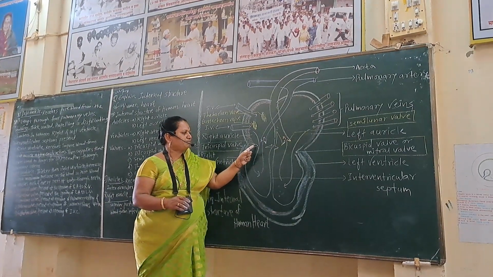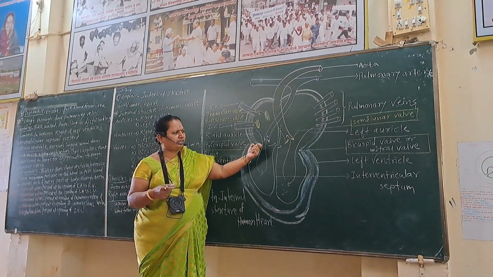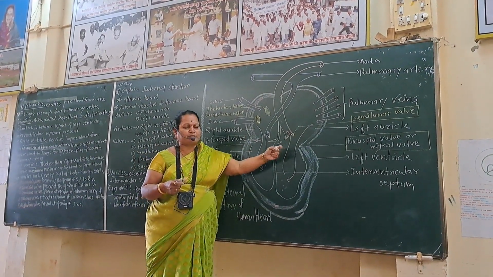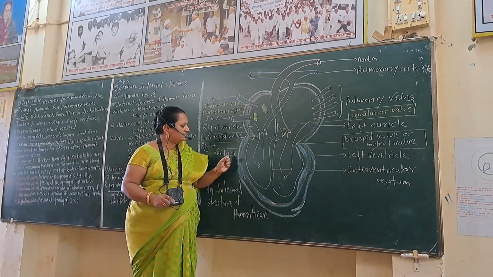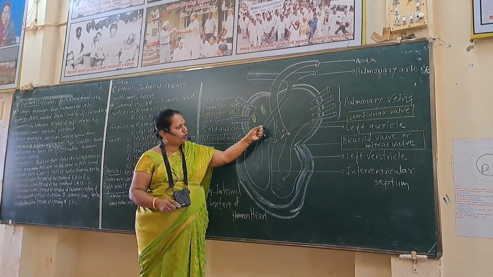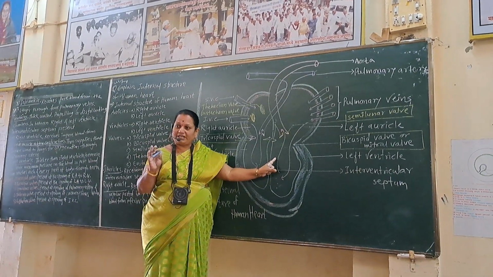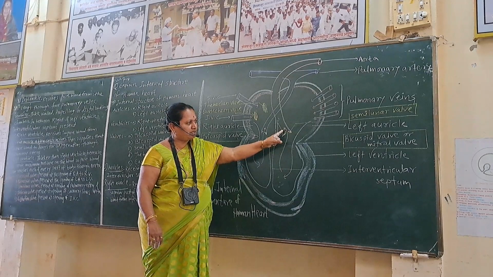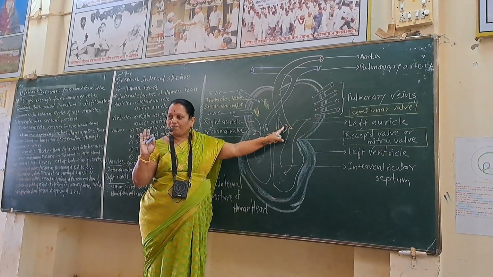Why? The tricuspid valve at that time gets closed. After contraction of auricle, tricuspid valve and bicuspid valve get closed. Therefore, the only way for the blood inside the right ventricle is into the pulmonary artery, and from the left ventricle, the blood only enters the opening of the aorta.